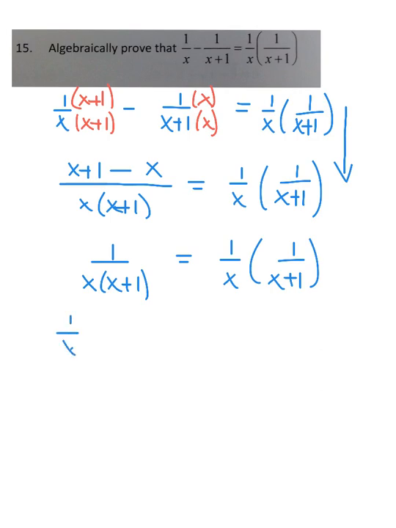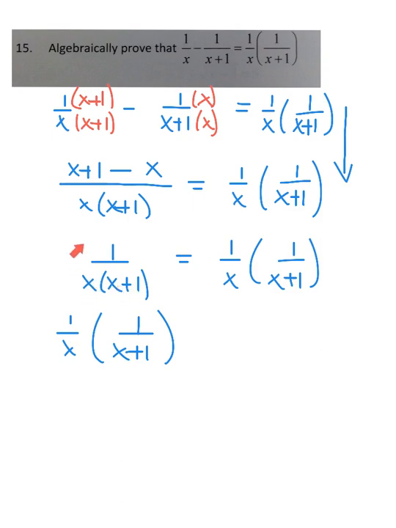Isn't 1 over x times 1 over x plus 1 the same thing as this? Because 1 times 1 is 1, and then this x here times this x plus 1 is really x times x plus 1.